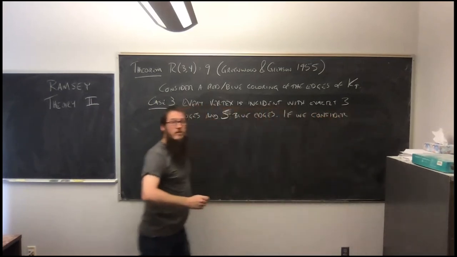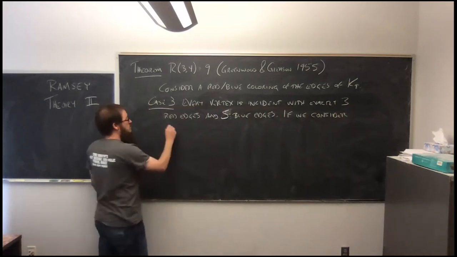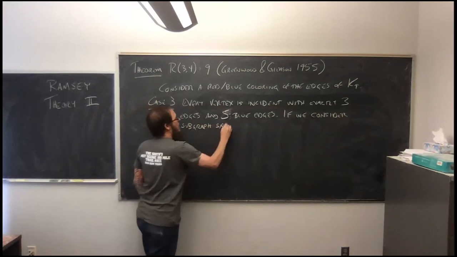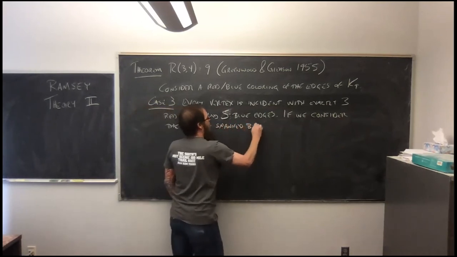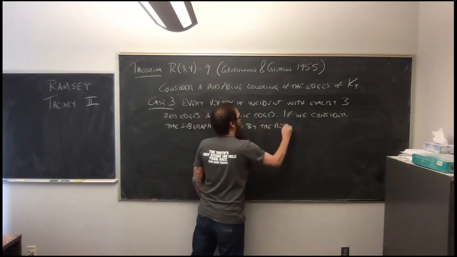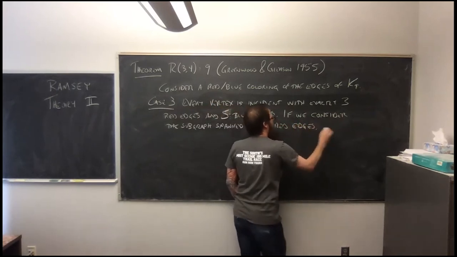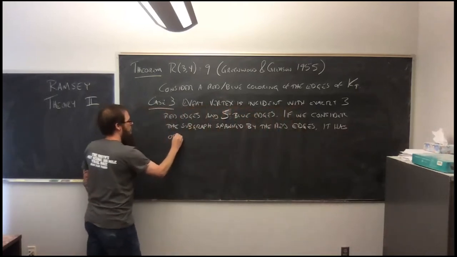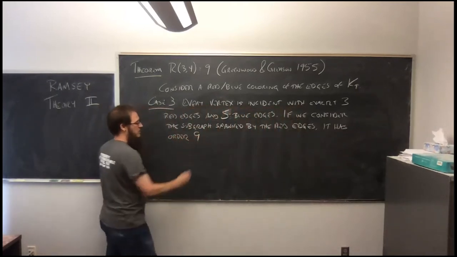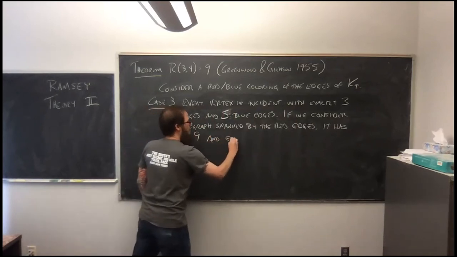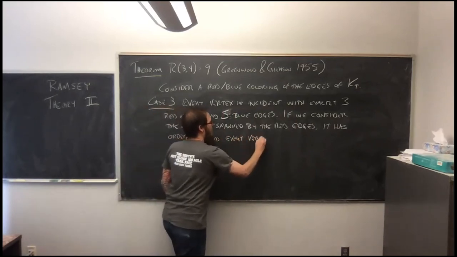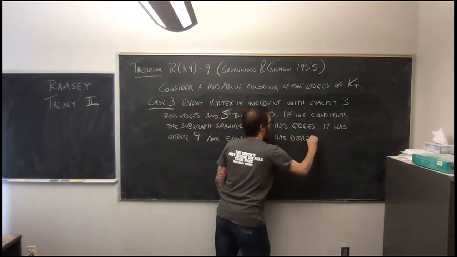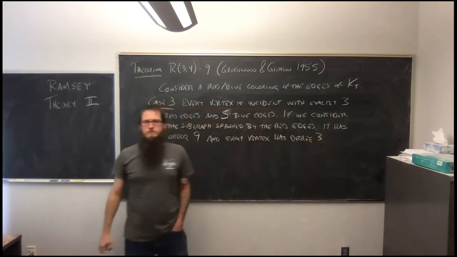So if we consider the subgraph spanned by the red edges, it has order 9, and every vertex has degree 3.